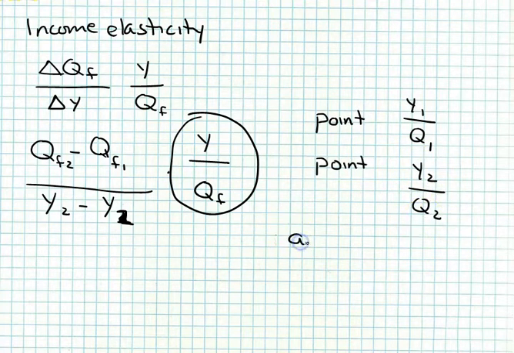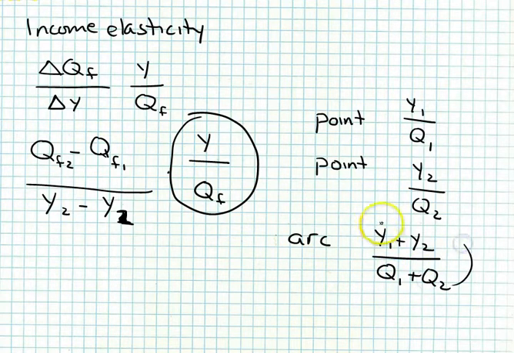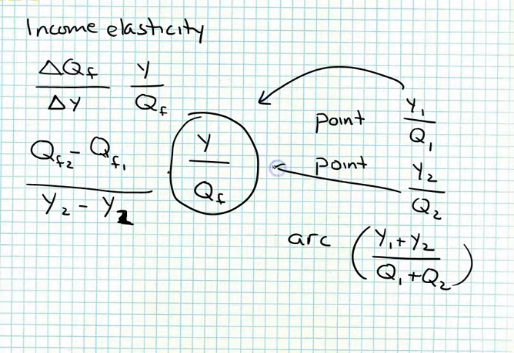And we can have what's called an arc elasticity, where we add the two incomes and we add the two quantities. So we can either put this in the equation, this in the equation, or this in the equation.